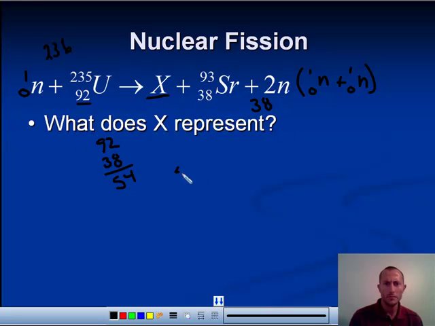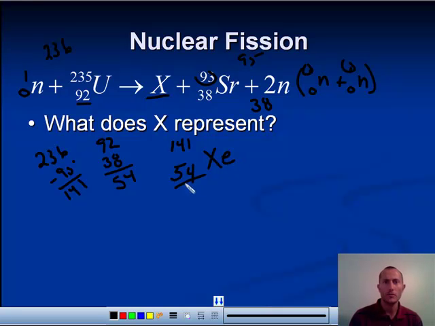And so our unknown element is 54, X, and atomic mass over here we have 93, 94, 95 that's accounted for, 236 over here, so 236 minus 95 is going to give us 141. 141. If we look at our periodic tables, atomic number 54 happens to be xenon.